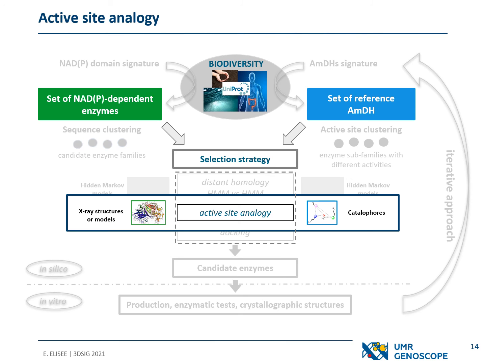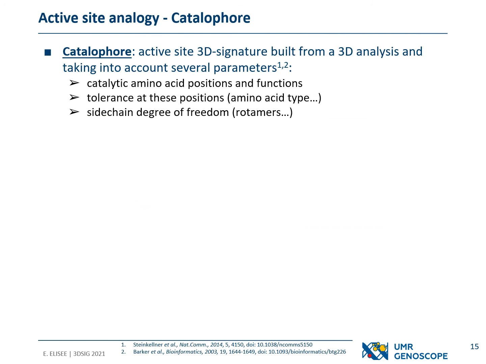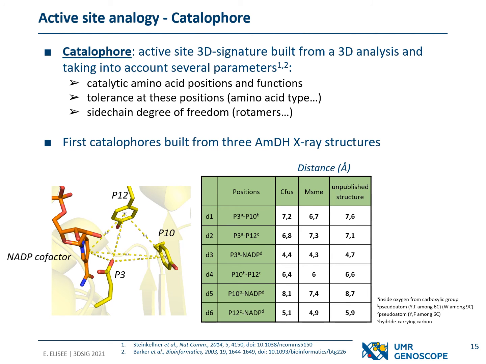Now, I will introduce the preliminary work about the search for active site analogs of AMDH. To do so, we use catalophores as 3D signatures of an active site, in which you consider the catalytic amino acids, their function, but also which degrees of freedom you choose for rotamers, amino acid types, etc. For our first screening, we decided to build 3 catalophores based on 3 AMDH crystallographic structures.